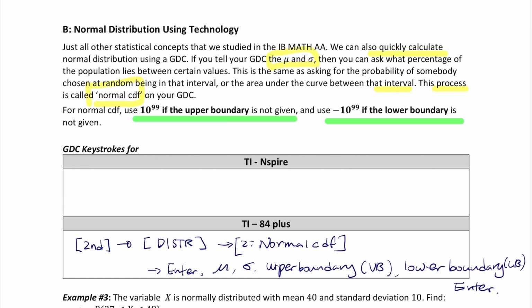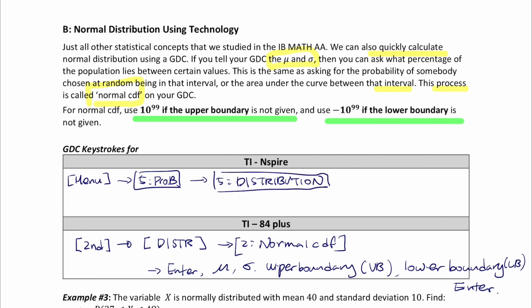If you have a TI Nspire calculator, what you can do is first click menu, hit 5 Probability, then 5 Distributions, and then click on 2 Normal CDF, and you can enter your information: mean, standard deviation, upper boundary, and lower boundary.